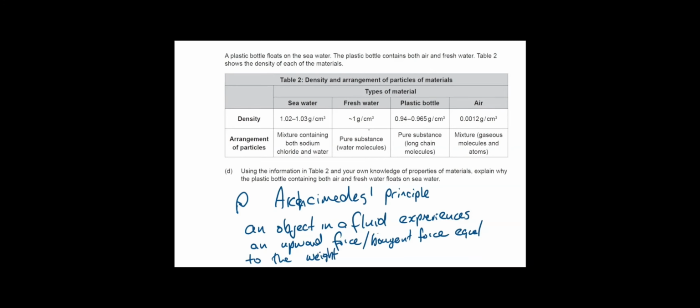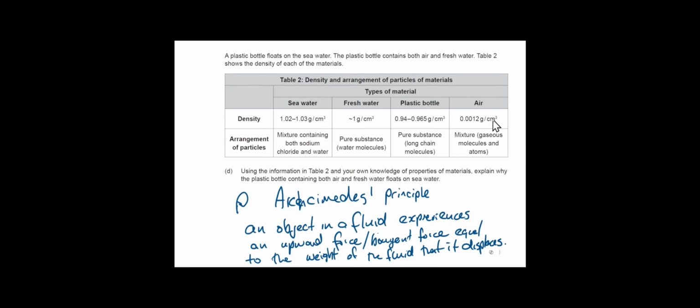I'm saying weight there, not mass, because I'm using gravity as well. So what that means is that things that are less dense will float. Now, the fresh water, the plastic bottle, and the air are all less dense than the seawater. So each of these things individually will float.